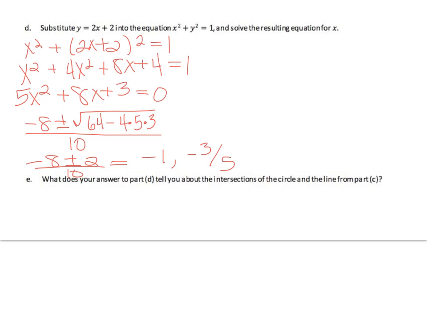What does your answer to part D tell you about the intersection of the circle and the line from part C? There are two intersections of the line and the circle.